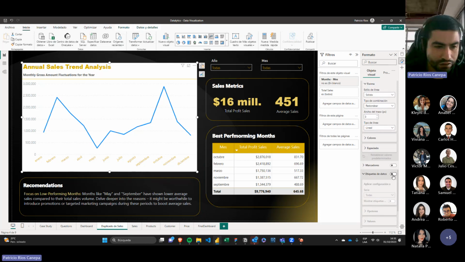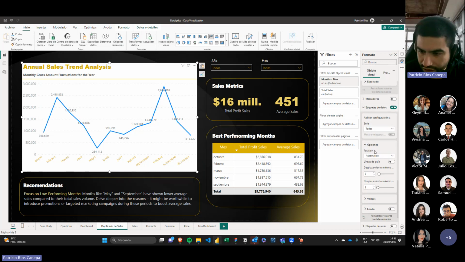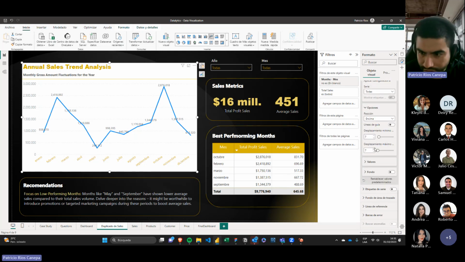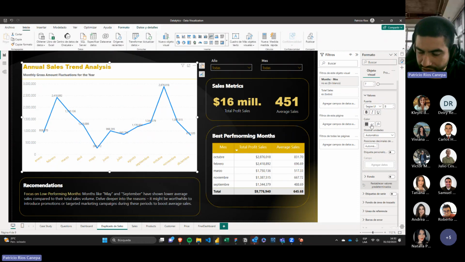Oh, if we want to show data labels, that is also really good. I think they are a little bit too much, so we want to just take the amount and make it a little bit smaller.